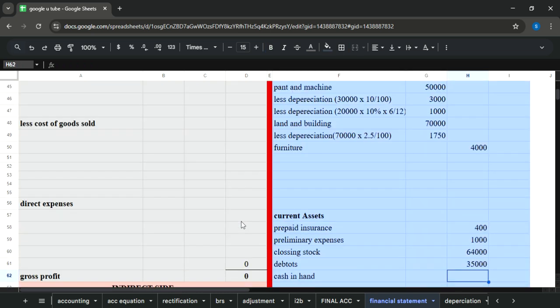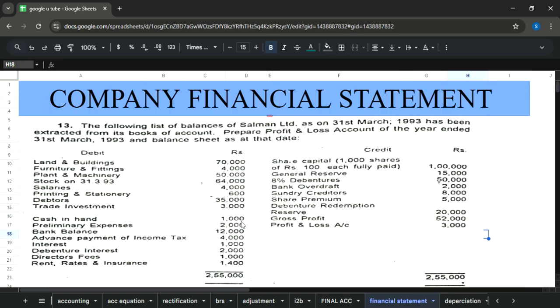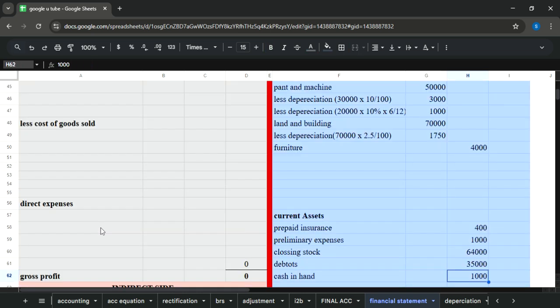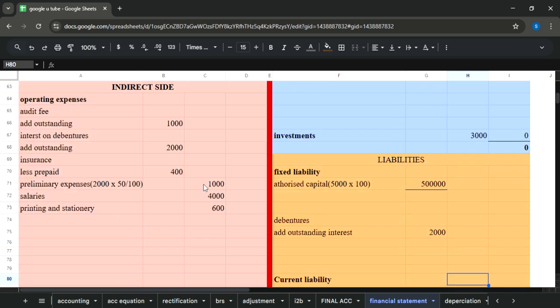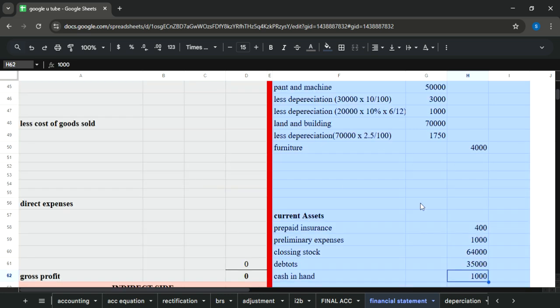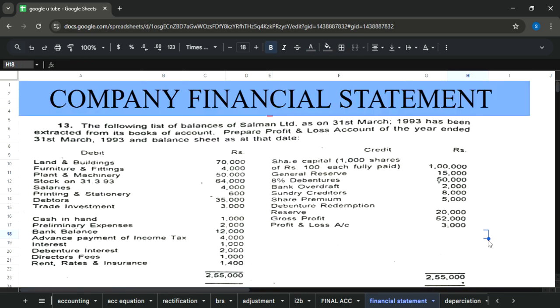Write down in current asset side. After cash in hand, we have preliminary expenses already mentioned in current asset. Look at here, half we have written in expense side, and remaining half is mentioned in current asset side. So preliminary expenses completed.